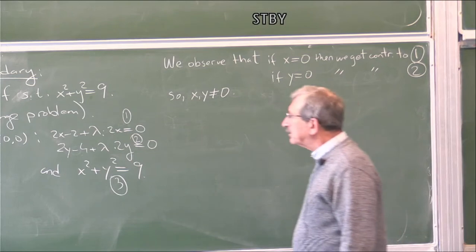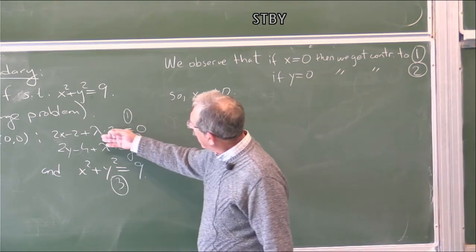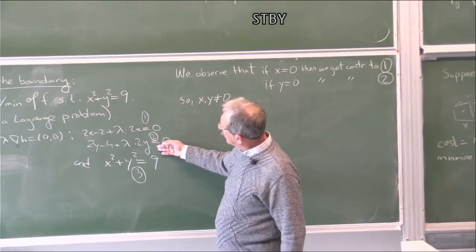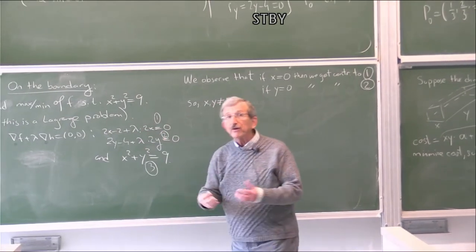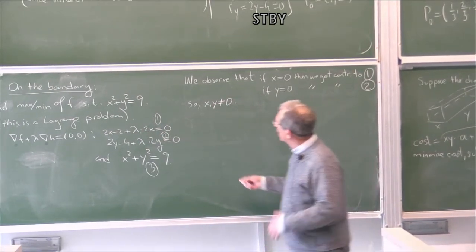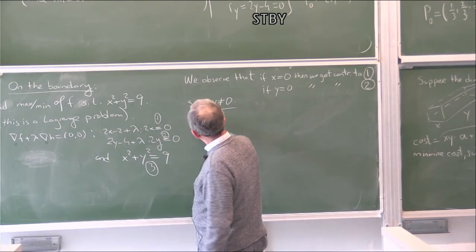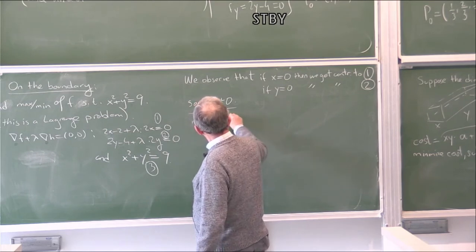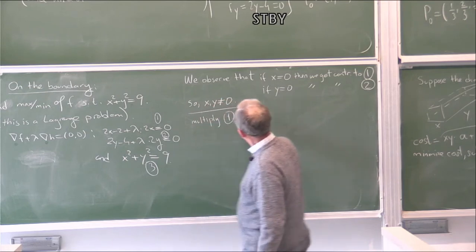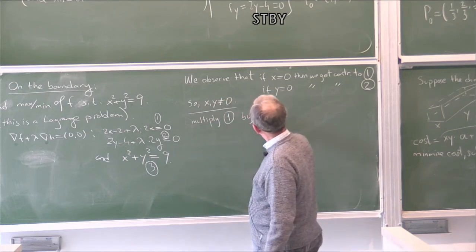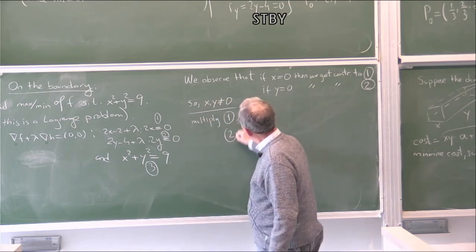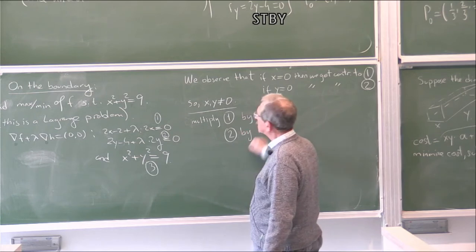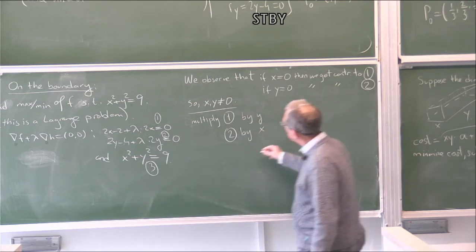Well, if they are not zeros, then we can manipulate 1 and 2 so that we can get rid of lambdas. Therefore, multiply equation 1 by y, 2 by x, and subtract.